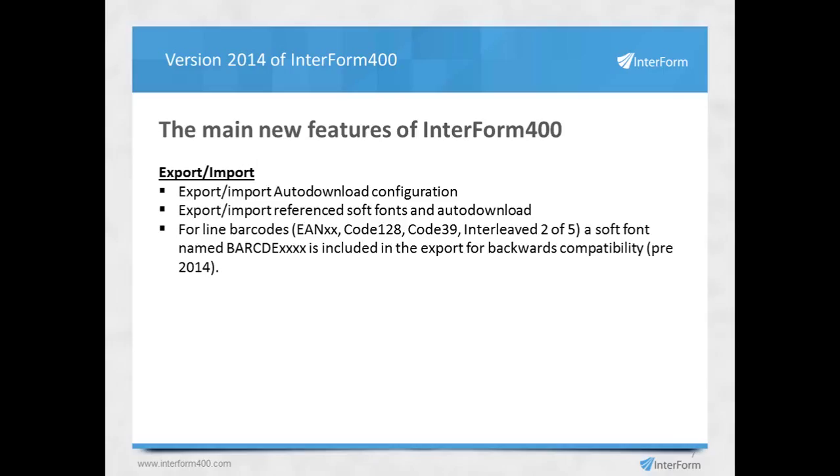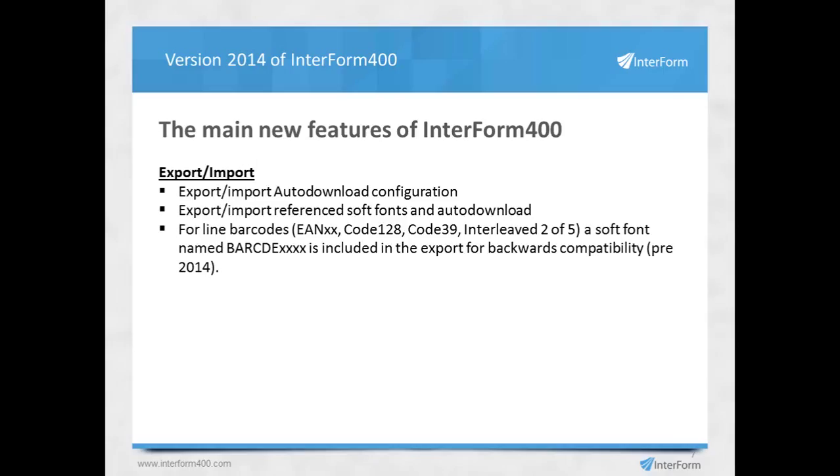As mentioned, we are no longer using a subfont for the simple line barcodes EAN, Code 128, Code 39 and Interleaved 2 of 5. But we are creating a subfont and including that in the export library when you are exporting any of these barcode font numbers.